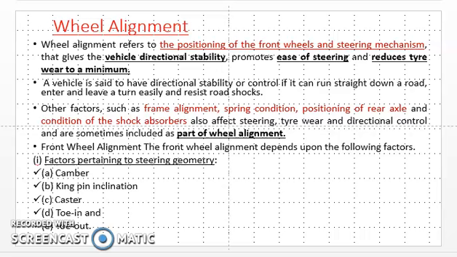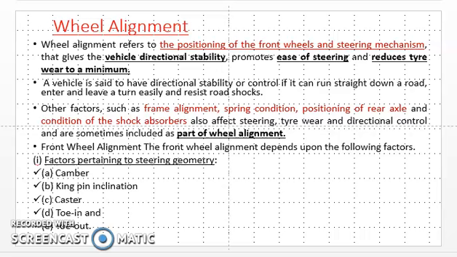Now once again I will repeat some important things that should be achieved when we say we have done wheel alignment. First, we should achieve directional stability in the straight ahead position. Second, perfect rolling conditions on steering.